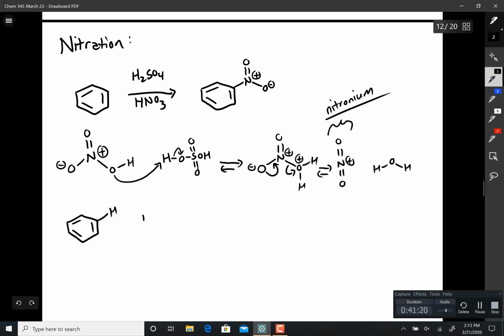And once you have that, you follow the same EAS pattern where the electrons from the pi bond add to the electrophile. A lot of people, when drawing mechanisms for EAS reactions, draw the electrons from the hydrogen or the hydrogen bond. Don't. It comes from the pi bond. There's a sigma intermediate.